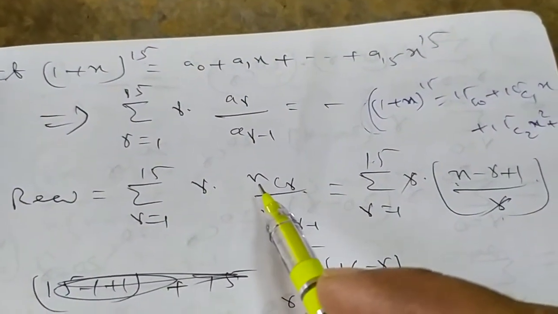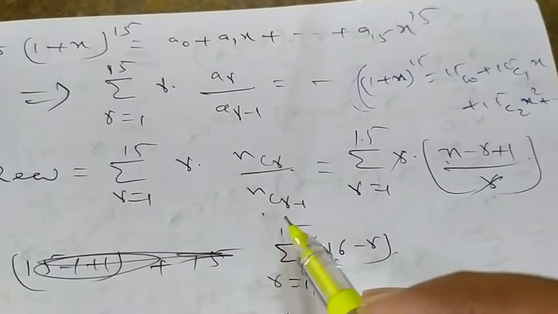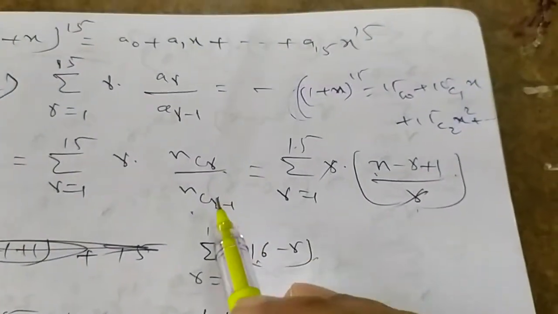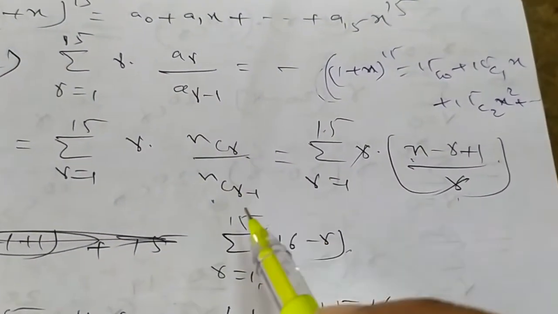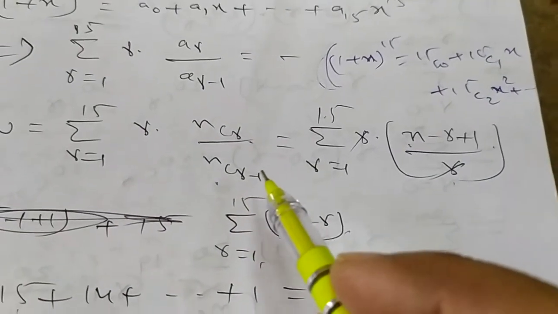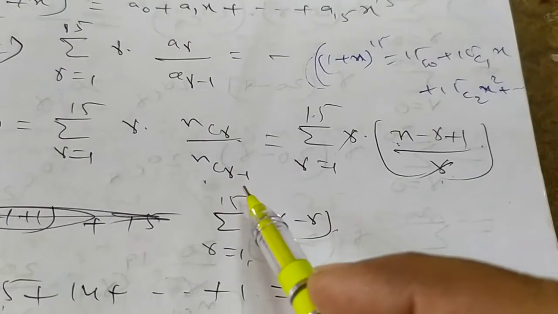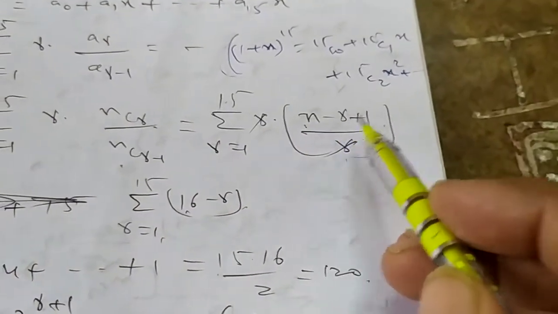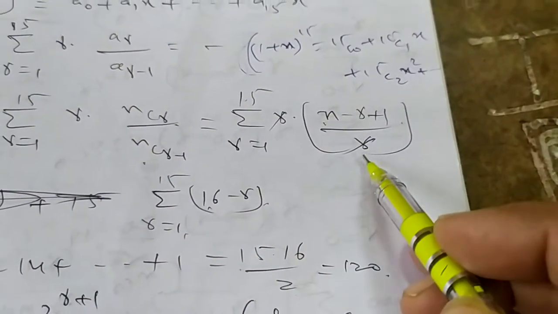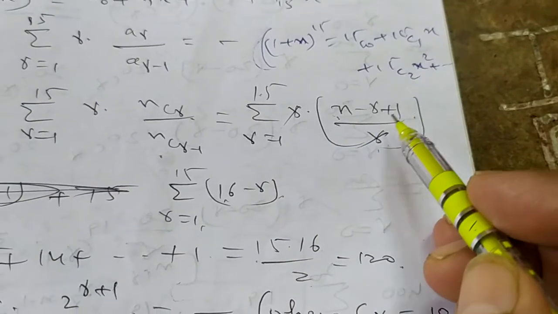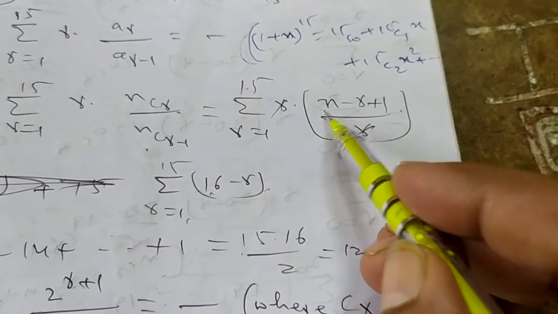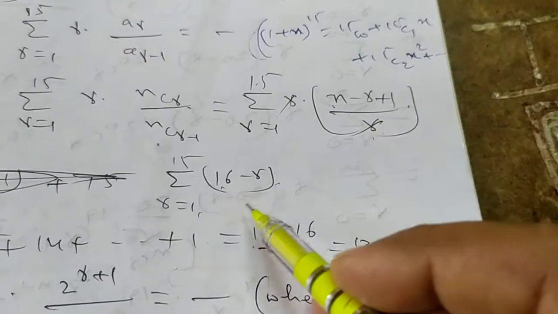Here n is 15, so we need nCr by nCr minus 1. See one of the properties of nCr by nCr minus 1, from the first class of binomial theorem: the formula is n minus r plus 1 by r. So n plus 1 minus r. N value 15, 15 plus 1, so 16 minus r.